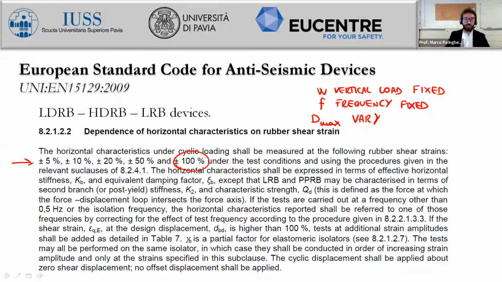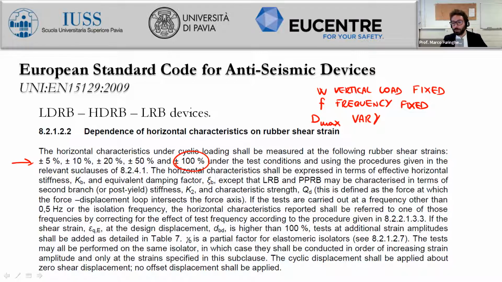We consider the same frequency, same vertical load, but we vary the maximum displacement, and then we compute for all of them the mechanical properties according to the force displacement loop. Then obviously we can reason about the dependence of such characteristics on the maximum shear strain.